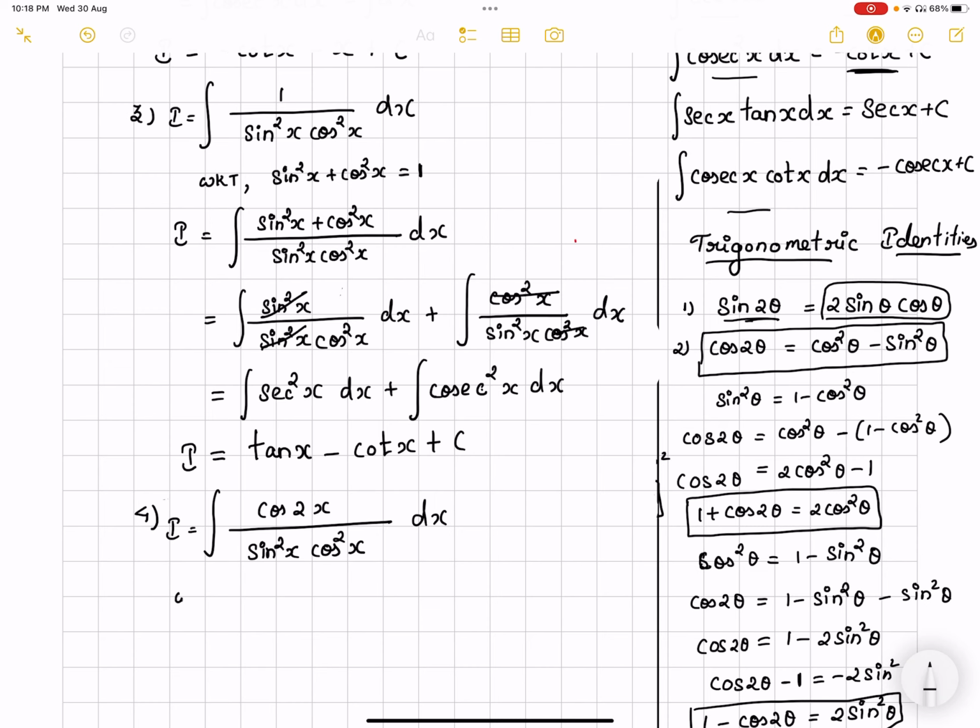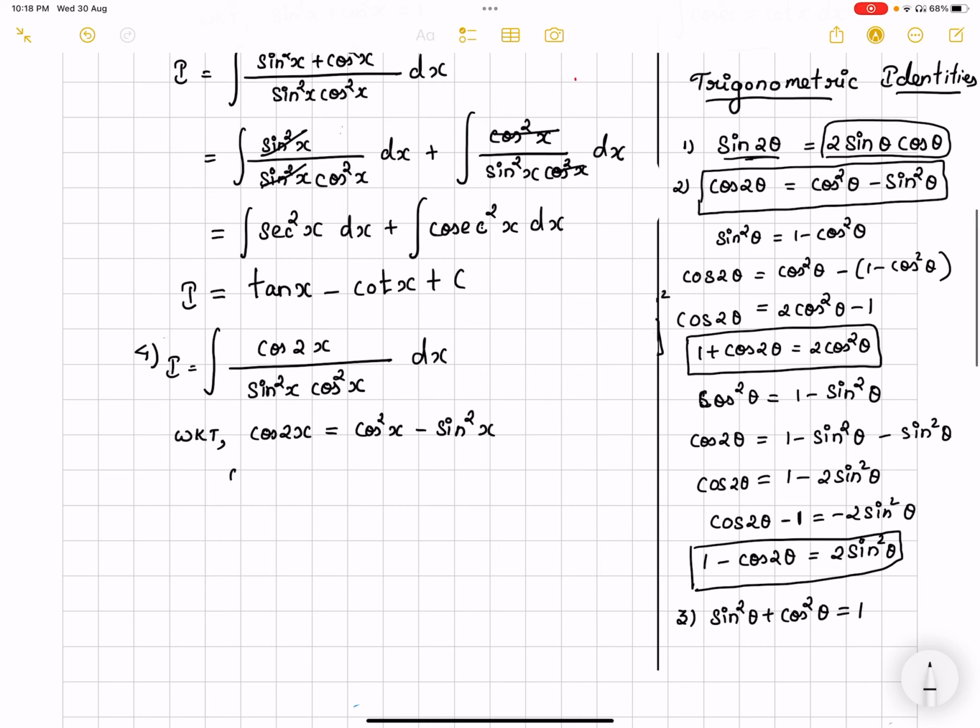Now I is equal to. Now you guys, which I would have used in the previous video if you would have observed, cos 2x is nothing but cos square x minus sine square x. I'm going to use this identity. And that means I'm going to replace my numerator with cos square x minus sine square x divided by sine square x cos square x dx.